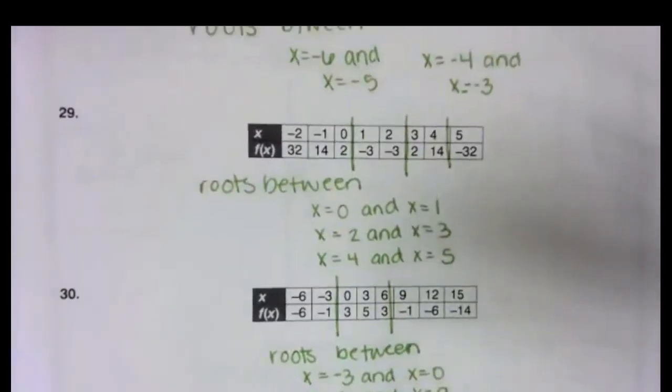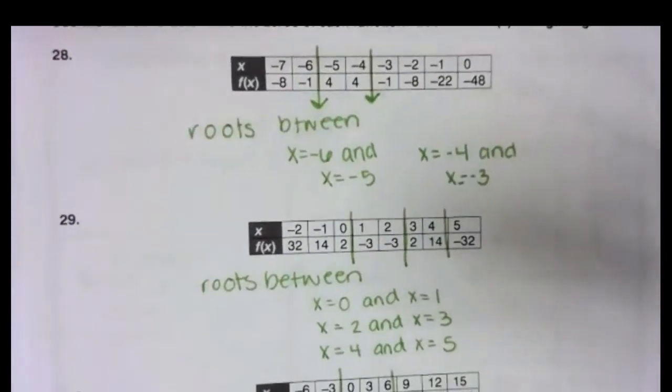So on the back at the top, that was probably pretty easy for most of you. You just have to look at the table, look for the change in signs, and then identify where the roots were between.